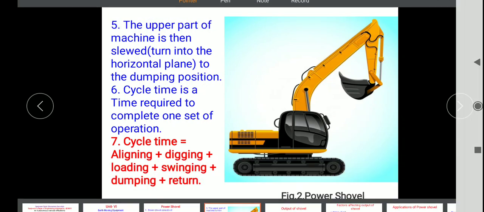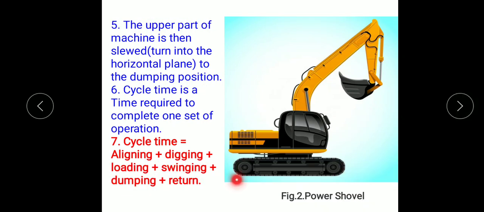So here figure 2 shows a power shovel, and this is a crawler type of power shovel. Here we can see this is a crawler type of power shovel. Basically these equipments are available in two types. First one like this crawler type, or we can say crawler mounted, and the second one is the tire mounted.